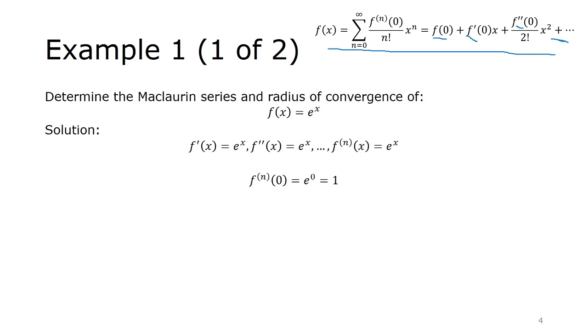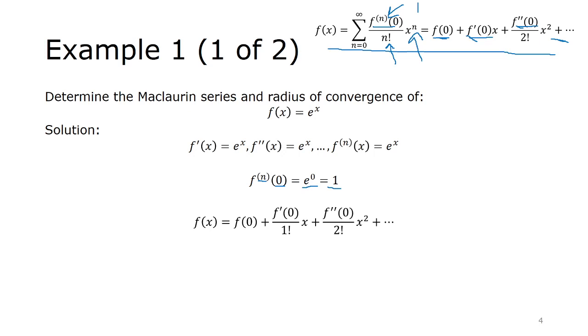And so no matter which derivative we take, if we evaluate that derivative at 0, we're going to get e^0, which is simply 1. This is an easy one, right? That's making it so that all of these coefficients in the numerator are all going to just be 1s. So all we need to do is worry about the factorial and the x^n parts.